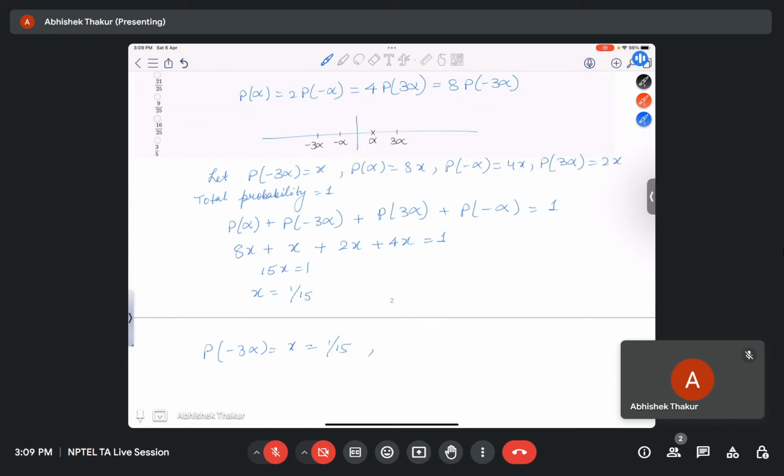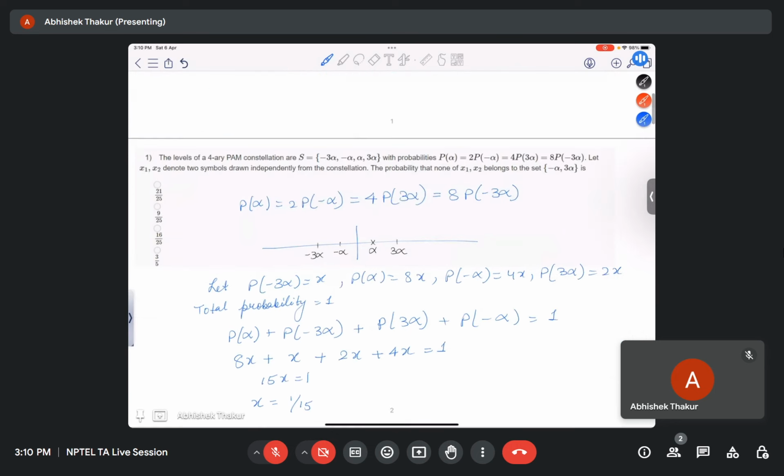So we can write down all the probability. Probability of minus alpha is equal to 4 by 15. Probability of alpha is equal to 8 by 15. And probability of 3 alpha is equal to, sorry, 2 by 15.